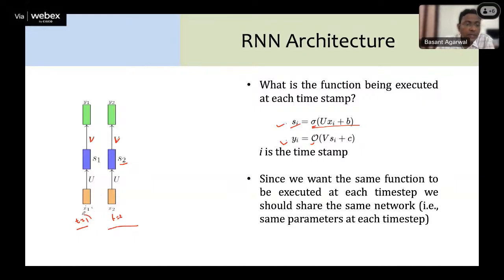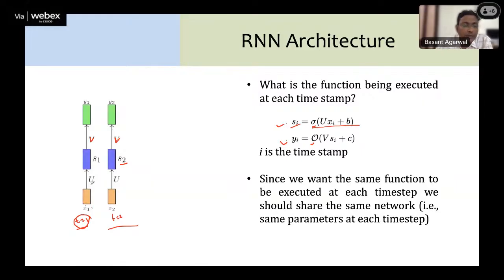So when I'm giving x1 at time t is equal to 1, the things will be processed. And when I'm giving x2 at t is equal to 2, I'm feeding it to the same network. Okay, so that is why it is important that at each timestamp we execute the same function, and all these weights are being shared.